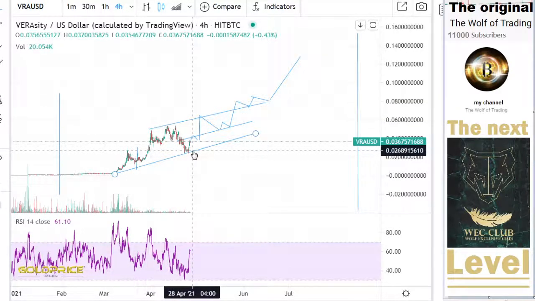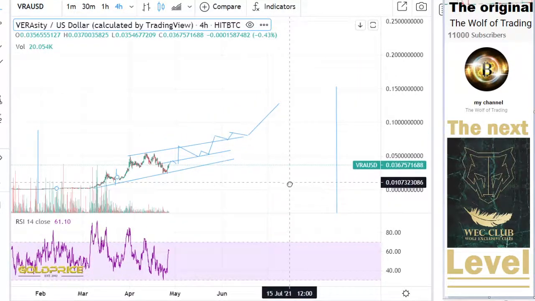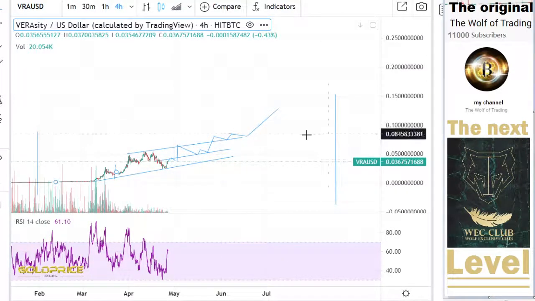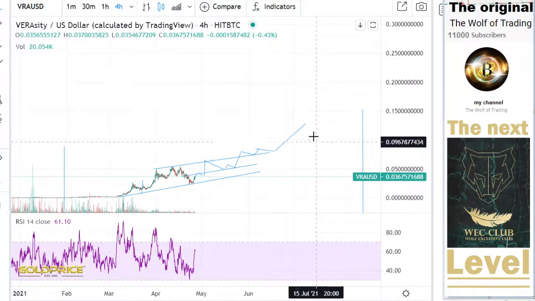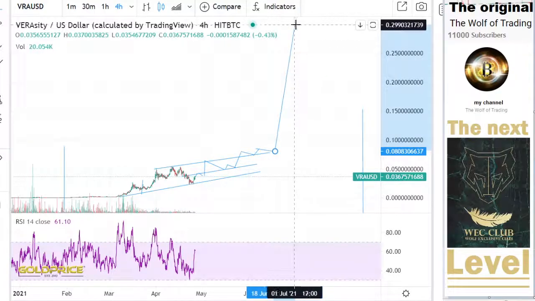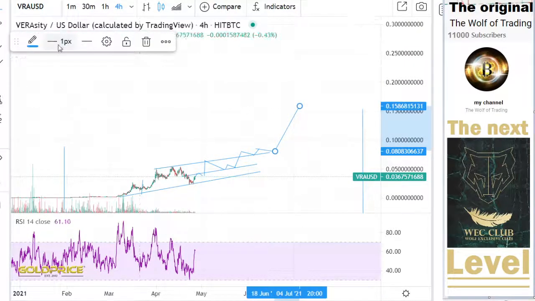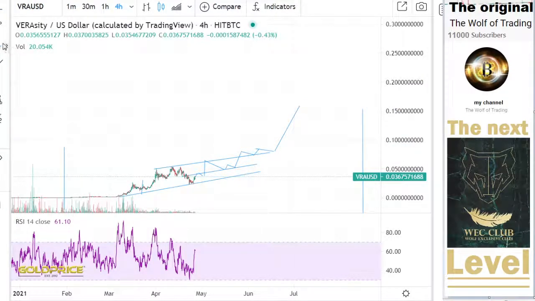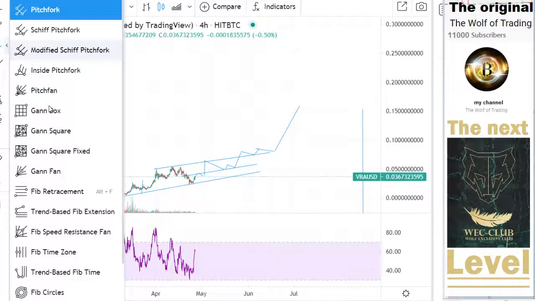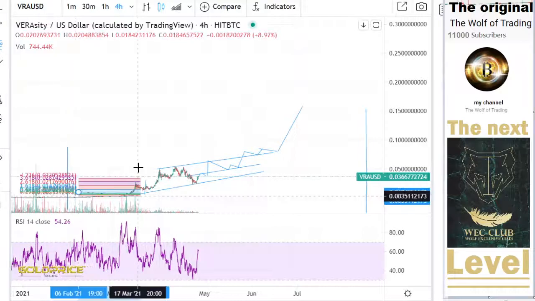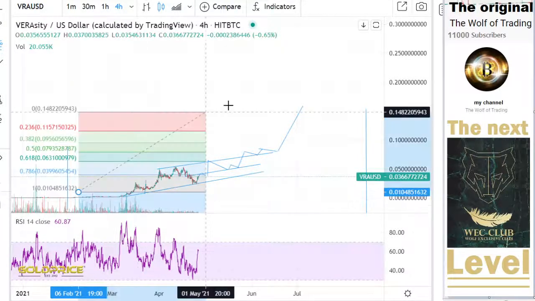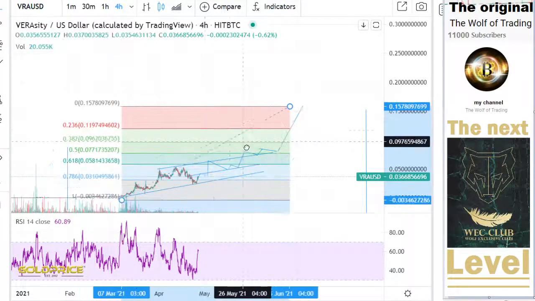Imagine what happens here. If you go 10 times to the top side, then we are at 30 cents. That means we have to go to 30 cents here to the top side. To get a clear answer, I would make something like that.